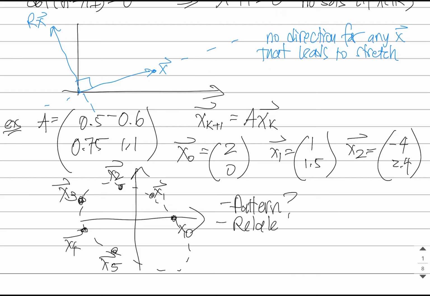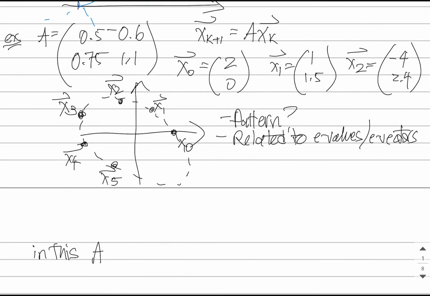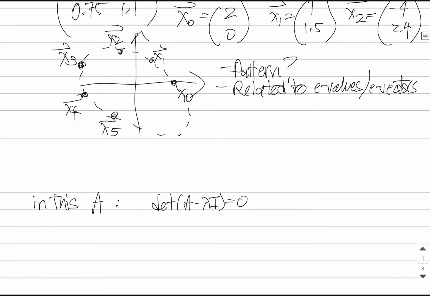I would really like to know if it's related to eigenvalues and eigenvectors. So in this matrix A, if I were to compute the determinant of A minus lambda I equals 0, in this particular case, I would be led to the quadratic equation lambda squared plus 1 is 0.